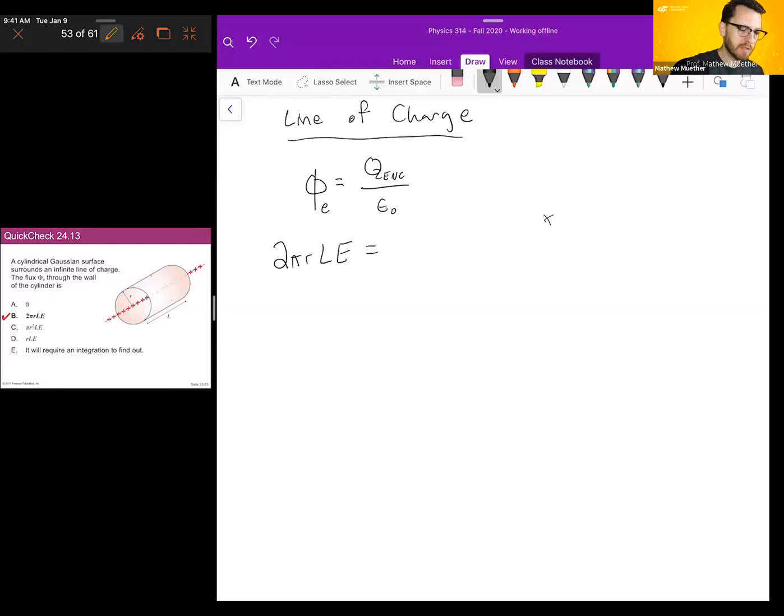Well, I have this infinite line of charge going off like this, right, in both directions. And remember, we could characterize that by something like the linear charge density, this thing that tells me how much charge per length I have on this rod.